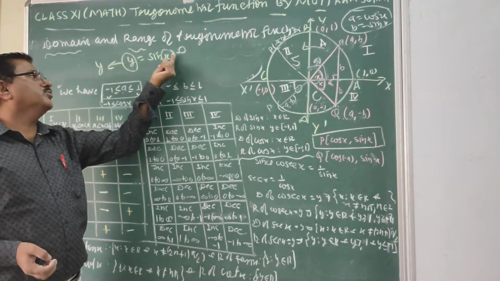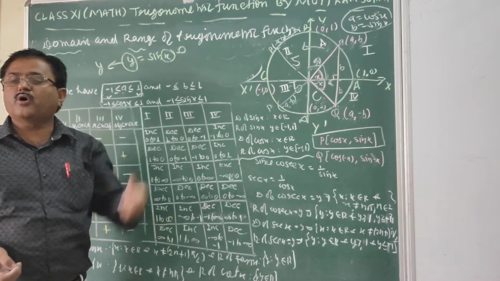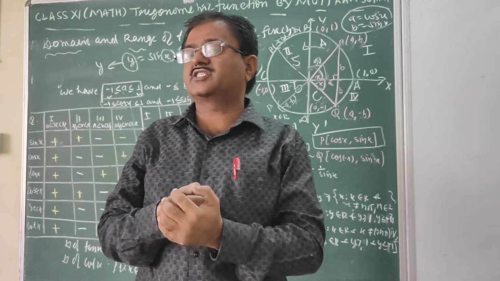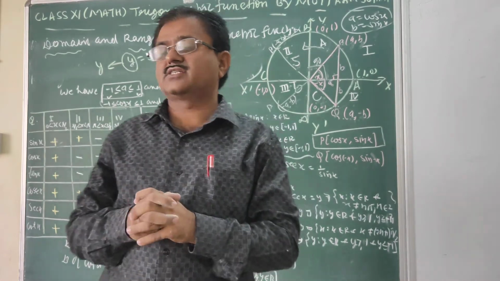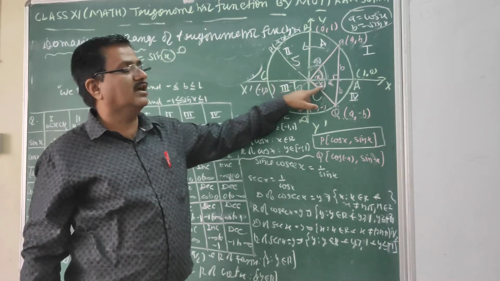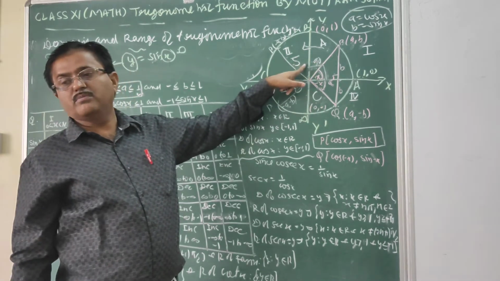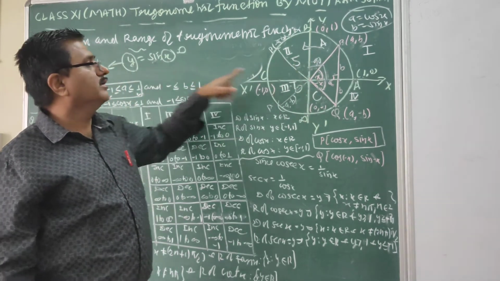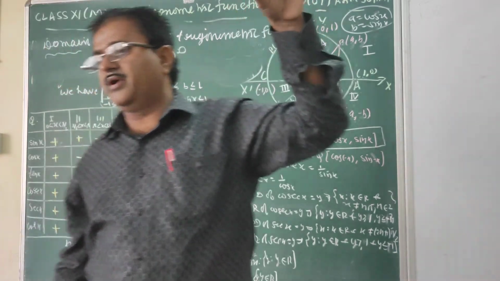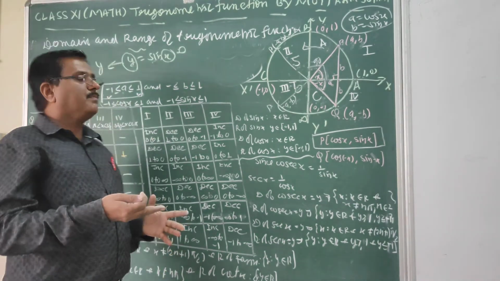Now suppose you put x such that y is not real, then this is not a point of the domain. As we have already discussed, for x you can take any value in radians like 0, then sin 0 is 0, or pi by 2, sin pi by 2 is 1, or any value like 180, 360, 720, then there will be a corresponding value of y.